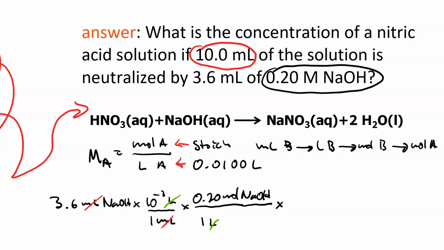And now I just use the mole ratio to go from moles of NaOH to moles of HNO3. And the coefficient for HNO3 is 1. The coefficient for NaOH is 1. So moles of NaOH cancels.